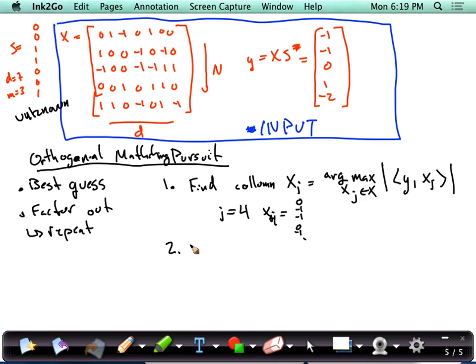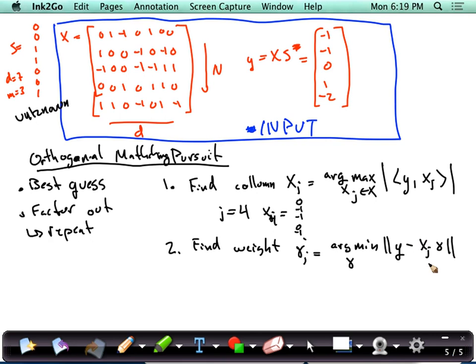Then the second thing is that I'm going to find the best weight of this column. If you know it's 0, 1, then you don't have to do this. So I'm trying to guess what this value is. In this case, I know it's a 1, but in general, I may want to find this value which does the arg min over gamma of y minus xj gamma.